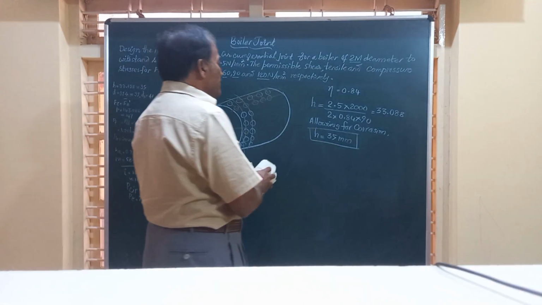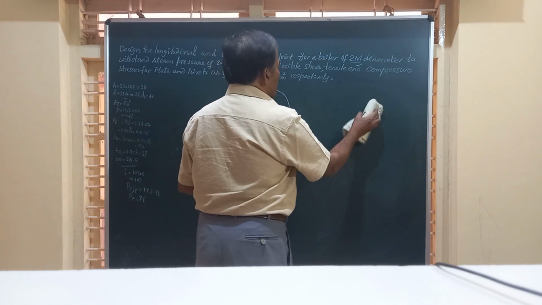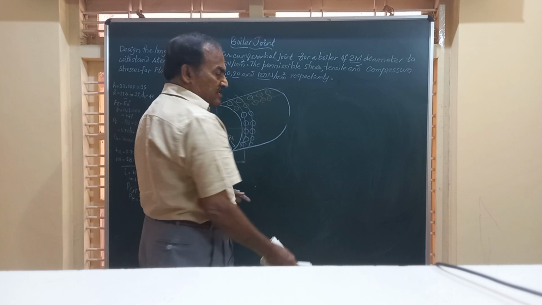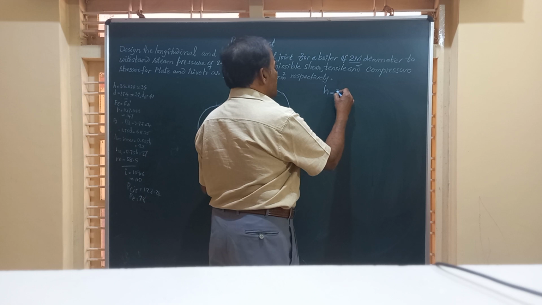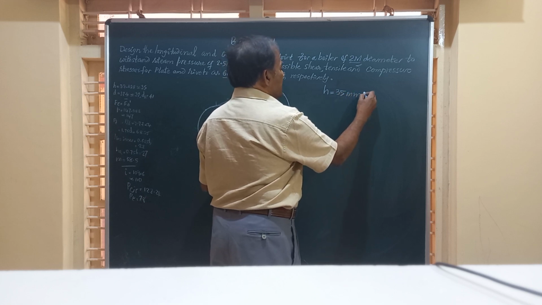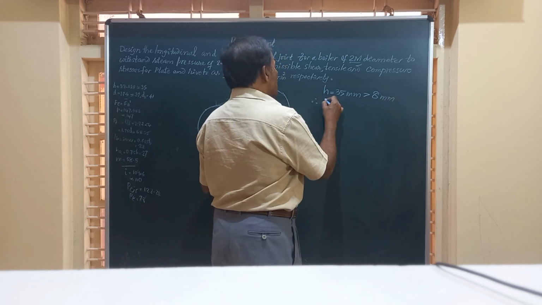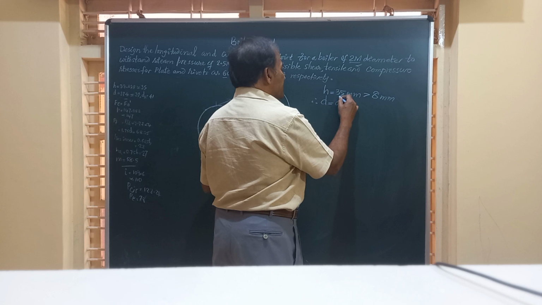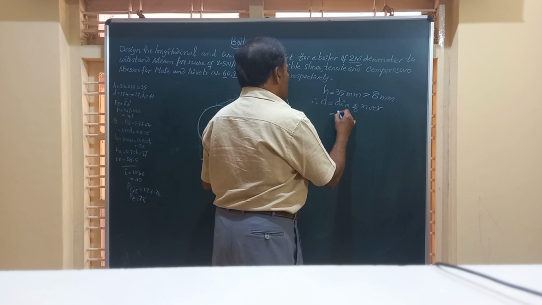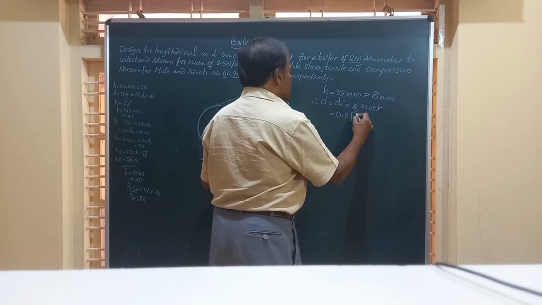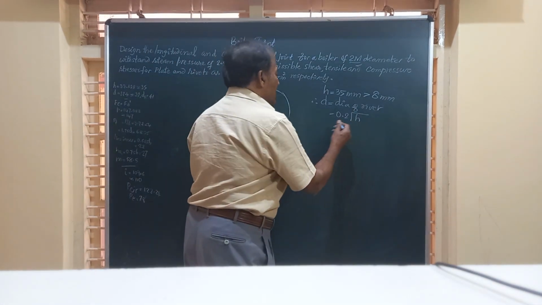Now friends, after finding out the thickness of the shell, we can find out what should be the diameter of the rivet required. We have H equal to 35 mm, and this is greater than 8 mm, the standard size. Therefore, you can adopt the diameter of rivet equal to 0.2 times root H, a formula where d and H are in meter.